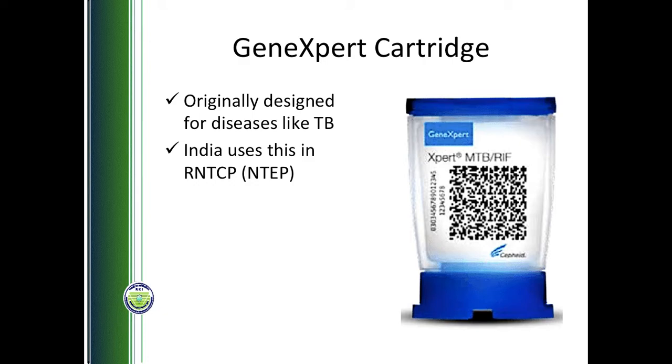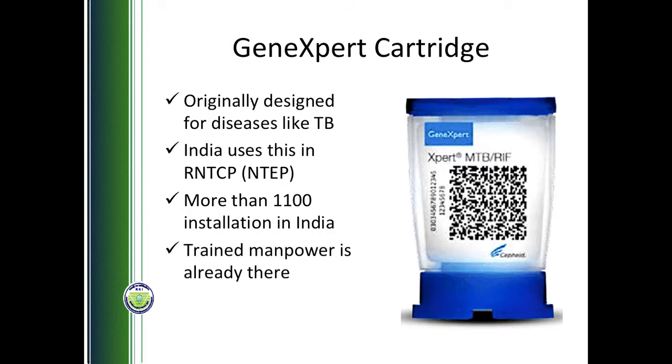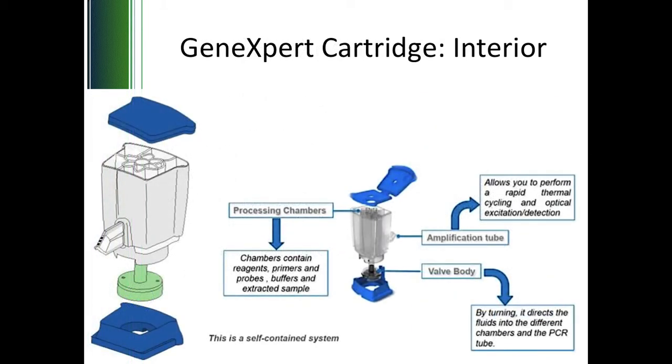India already is using GeneXpert cartridges for tuberculosis in its Revised National Tuberculosis Control Program, which is now named the National Tuberculosis Elimination Program, and we already have in the country more than 1100 installations of this system with tuberculosis cartridges. At all these places the system is already working, and therefore we already have trained manpower who are acquainted with the use of the system. Therefore, this GeneXpert system is very crucial in the diagnosis of coronavirus in India.